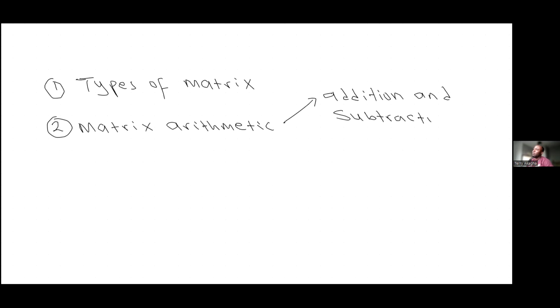Then I'm going to also talk about multiplication.